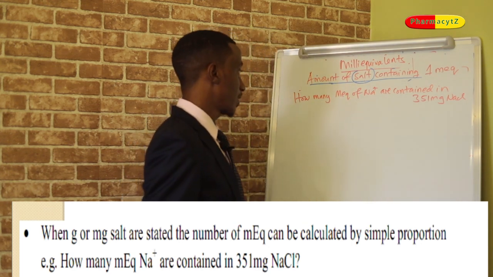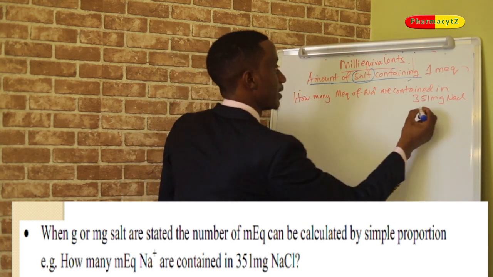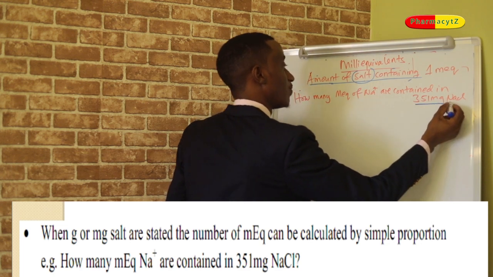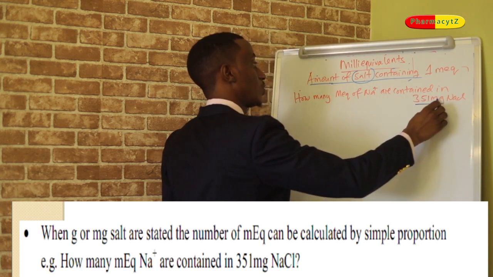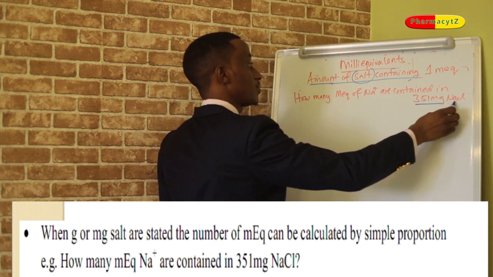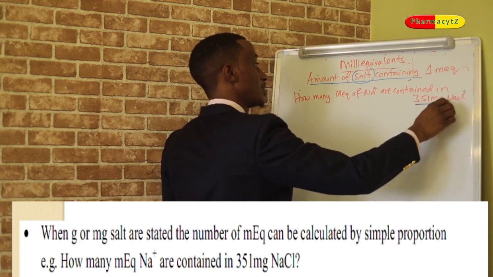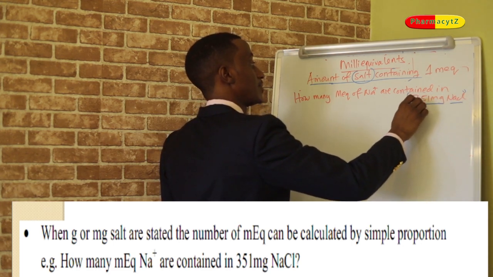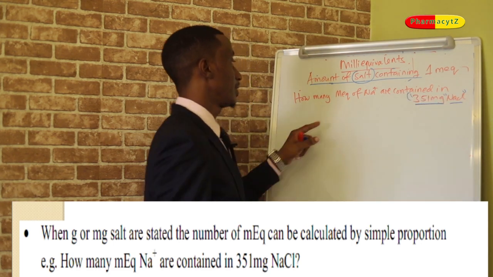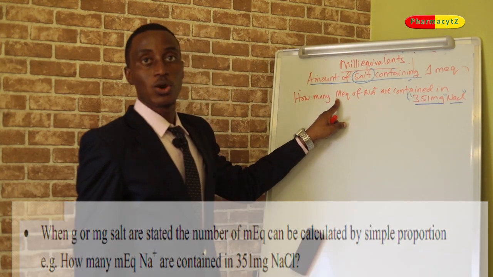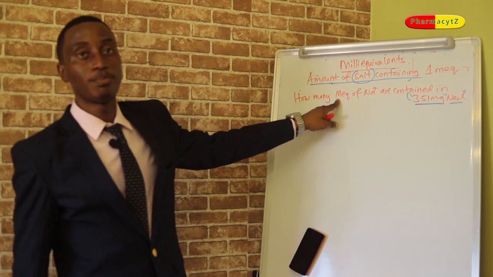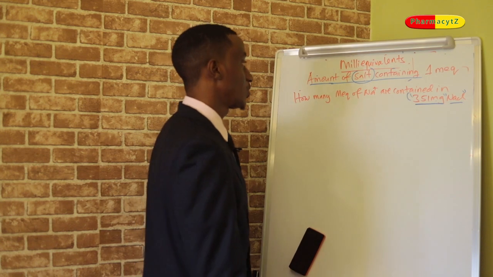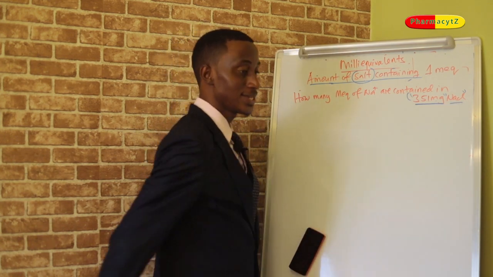This is simple. You can see the amount of salt is stated, either in milligrams or grams. If the amount of salt is stated in grams or milligrams, then the number of milliequivalents will be obtained by proportion.